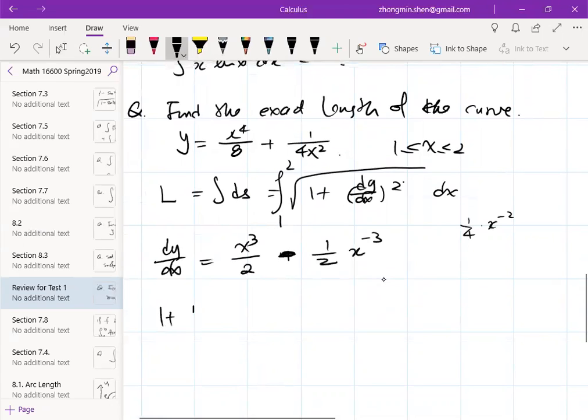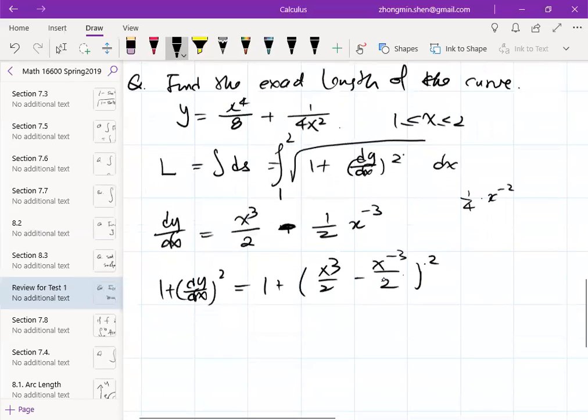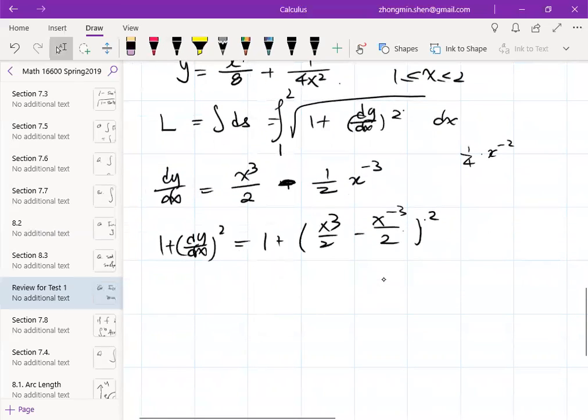All right, so 1 plus (dy/dx) squared is 1 plus half of x cubed minus half of negative x cubed, and the square. All right, so you will get 1 plus the square. You don't need to square it out.